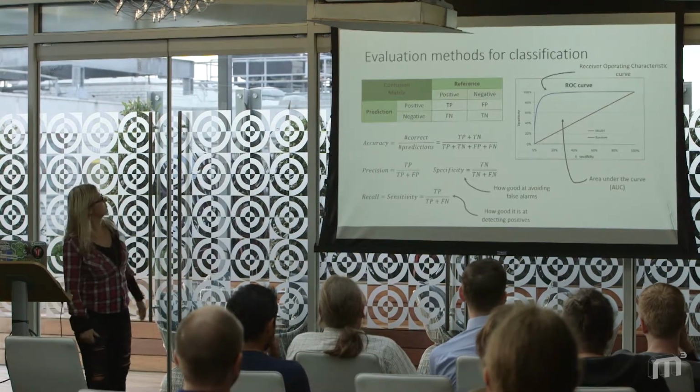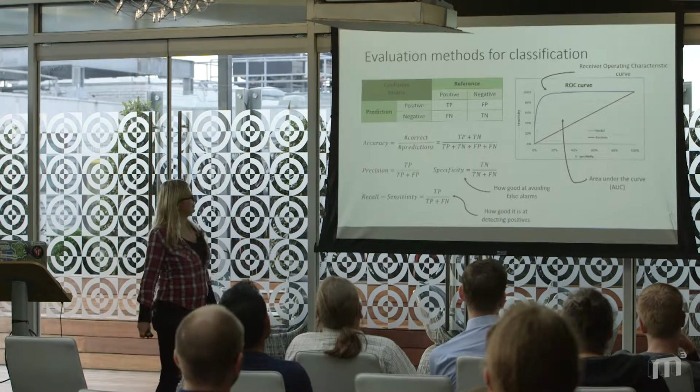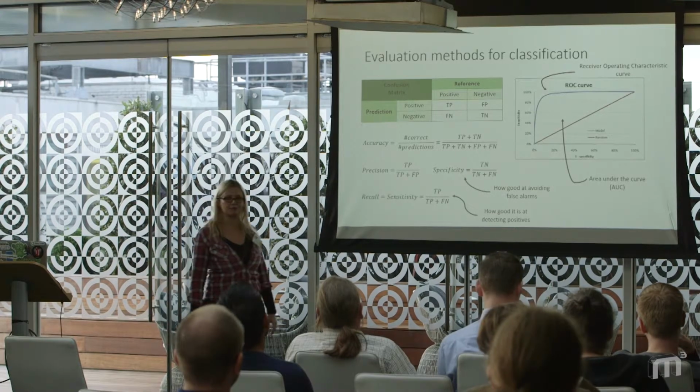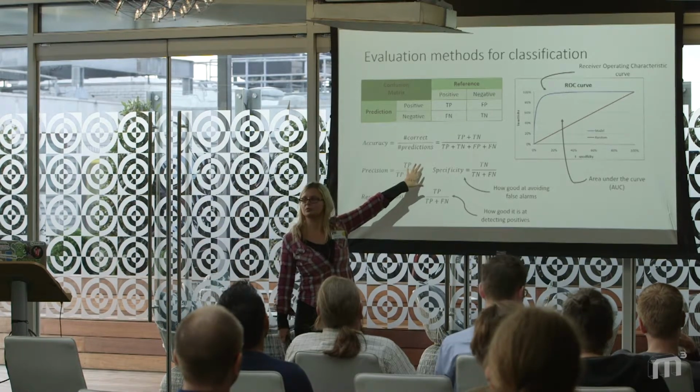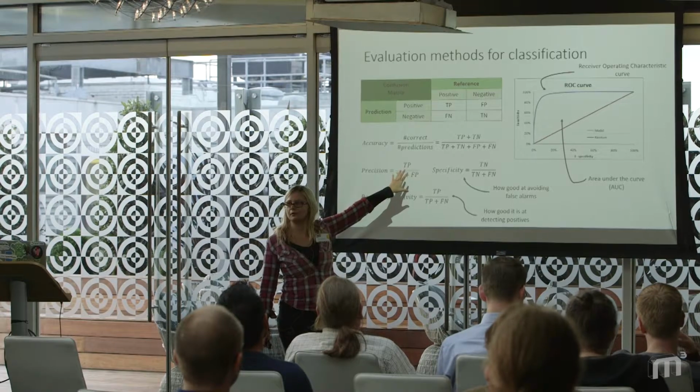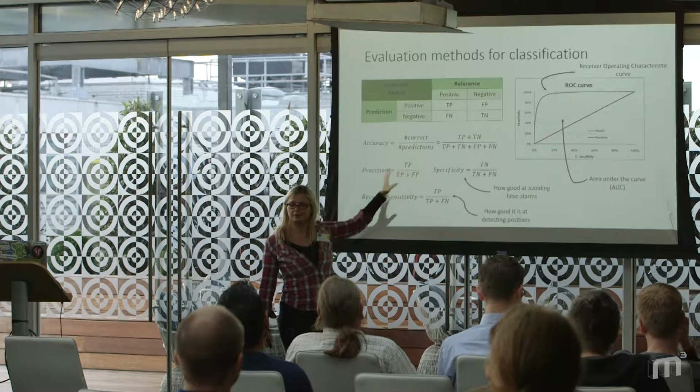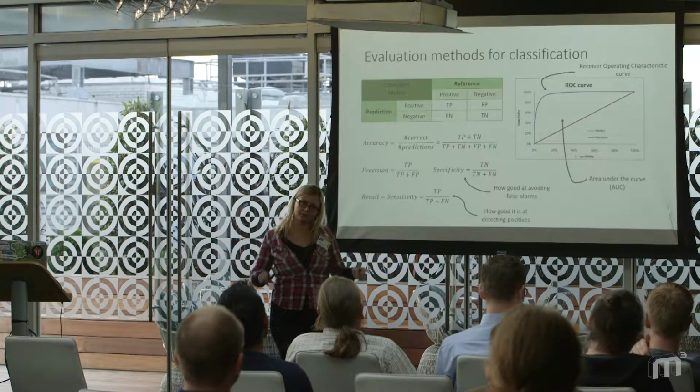How to evaluate this method? There are plenty of statistics. If you're a statistician, that's fine. If you're afraid of math, this is the simplest math you can ever get in the machine learning space. So if you're scared, just calm down, go home, learn a little bit of math.